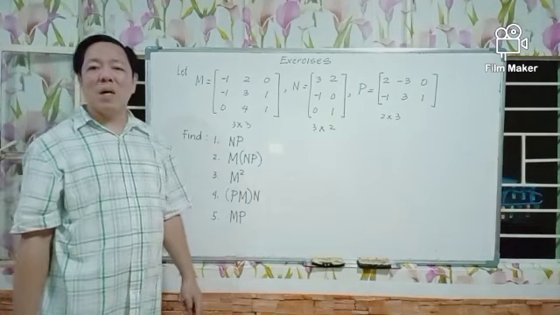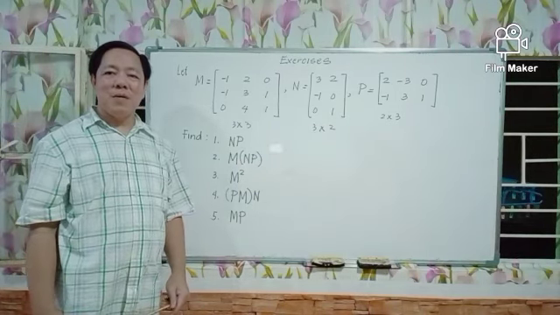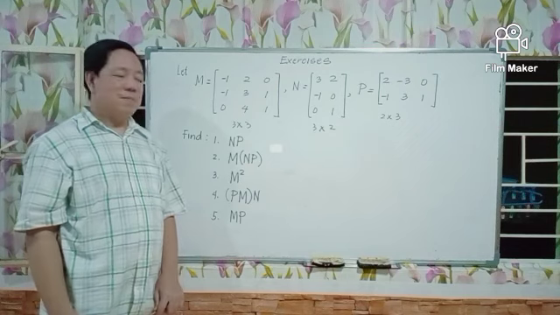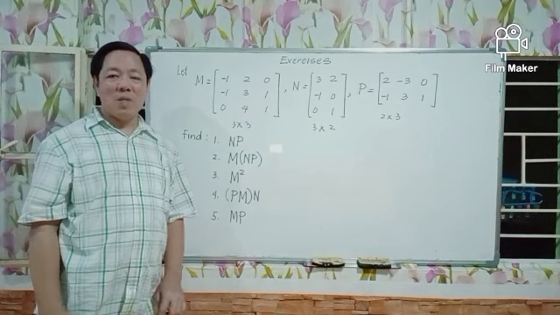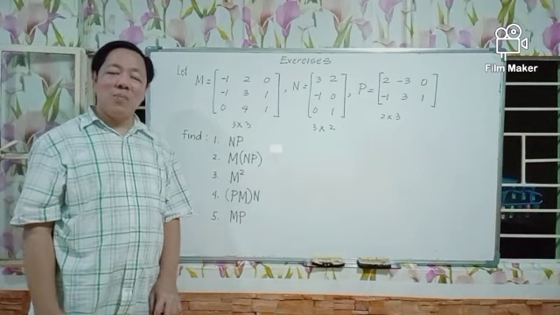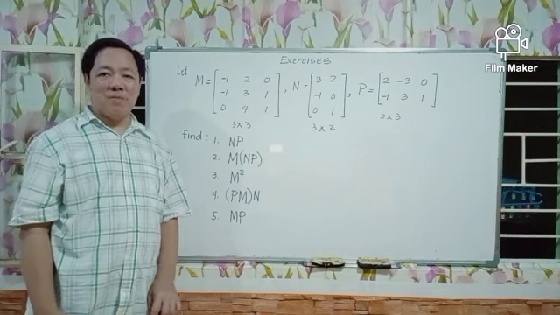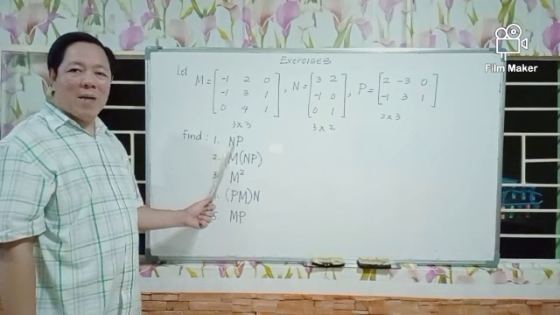Before you find these products, you check first if the product is defined or not by checking if the two matrices being multiplied satisfy the condition for the product of two matrices to be defined. In number 1, you find the product NP.